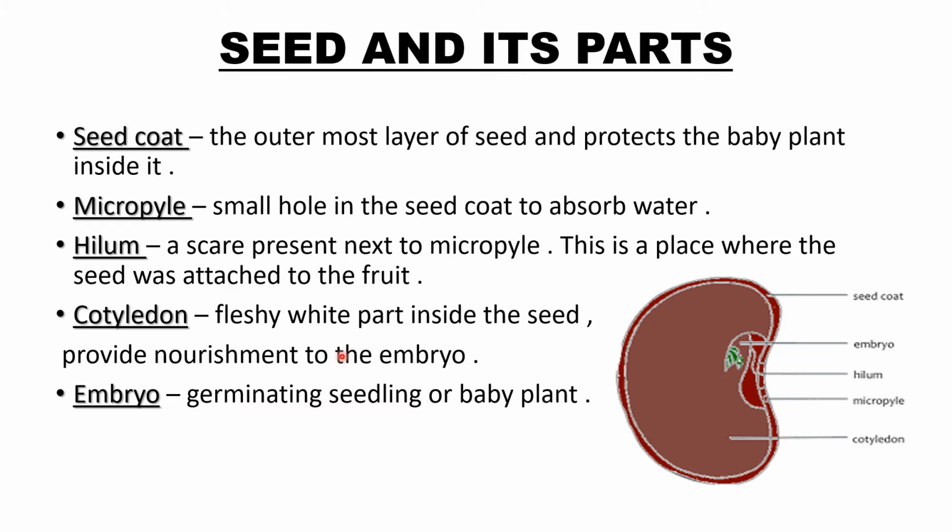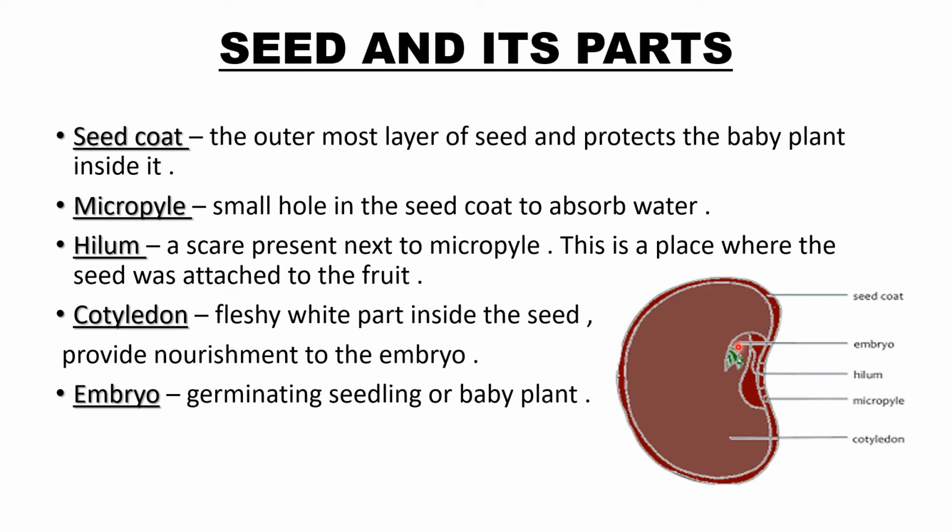Then comes the cotyledon. Cotyledon is this whole complete part. This is the white part in the seed. This is called the cotyledon. This is a fleshy part from which the little embryo inside the seed gets its nourishment. Now, what is this little embryo? This is a little baby plant inside the seed.